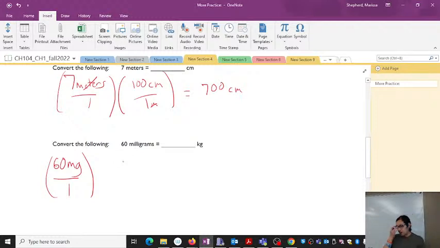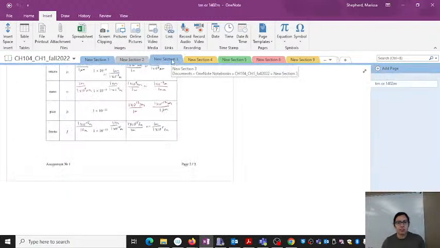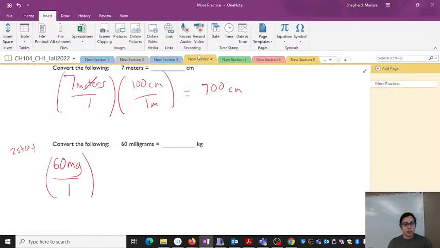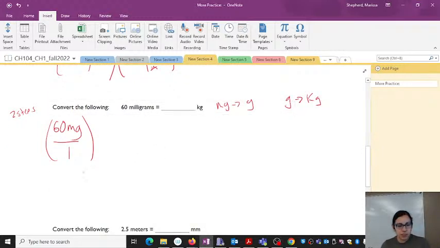So I don't know where my 2-step example went in my notes, but let's try the 2-step conversion. So we said we can look at this, right? It's by the base. And so it's easiest if we go milligram to gram first, and then we can go gram to kilogram. And so let's set that up. So we'll do the first conversion factor.